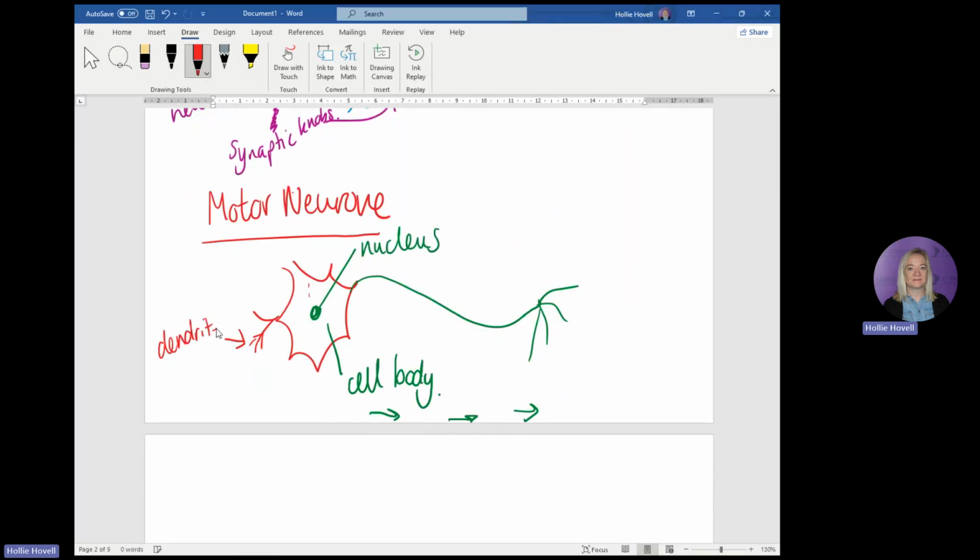So that might be dendrites for the tiny little branches, and then the bigger bits, the dendron coming in. Like there, probably more, where it's like a single bit coming in. All right, then you've got the nucleus with the cell body, and then coming out here, then you've got the axon. These ones are likely to be myelinated again. So you've got the myelin sheath to make the signal go faster.